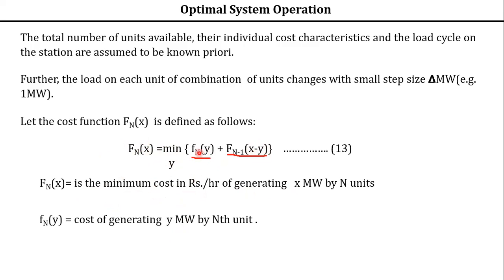It is a parameter which is within the minimum function. It is the cost of generating y megawatt by nth unit. That means here it is a single unit, here it is n number of units. That's why whenever n number of units are included, we have to say minimum cost.